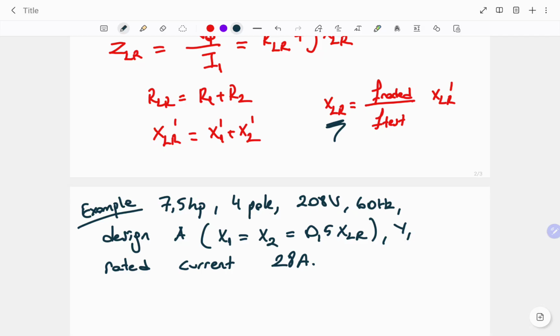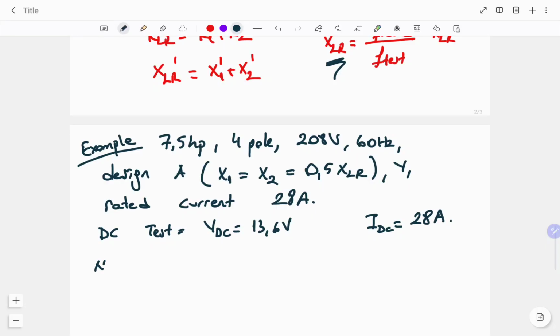So test results are also given. For example, for the DC test, we have a DC voltage of 13.6 volt and the DC current will be 28 ampere, which is the rated value. During the no-load test, for 3-phase, terminal voltage will be 208 volts and it must be the rated value of the induction motor.